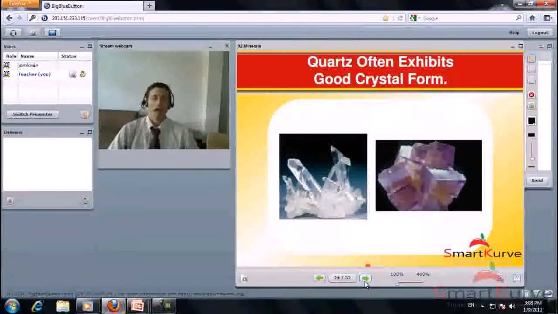Here, on the next slide, 24, quartz. Quartz exhibits a very good crystal form. One of the reasons that quartz makes such nice crystals is that quartz is very simple. It's only silicon and oxygen.